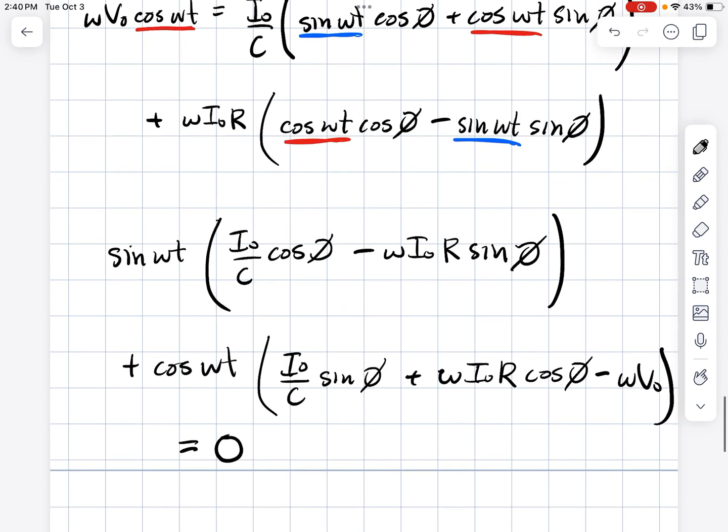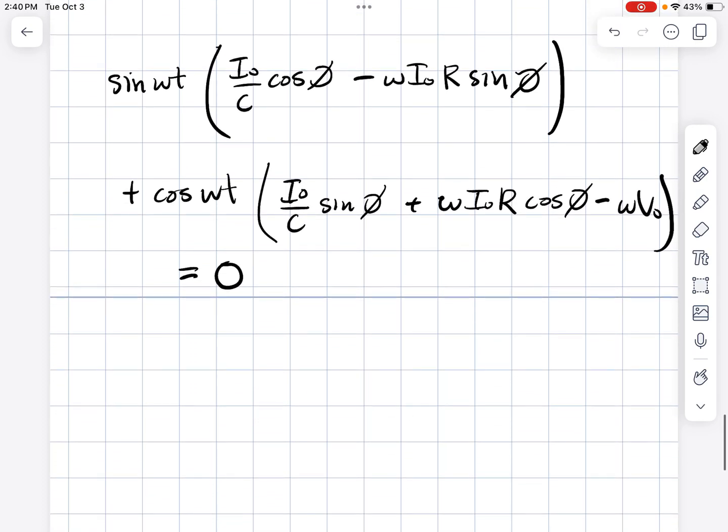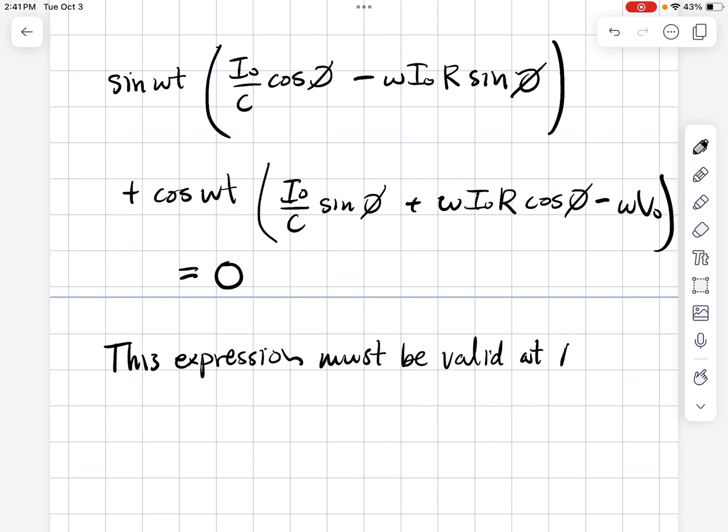Okay, now here's where we'll make use of some insight. The first insight is that this expression that we've just written above must be valid at all times.